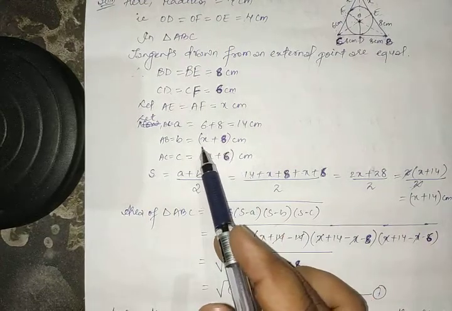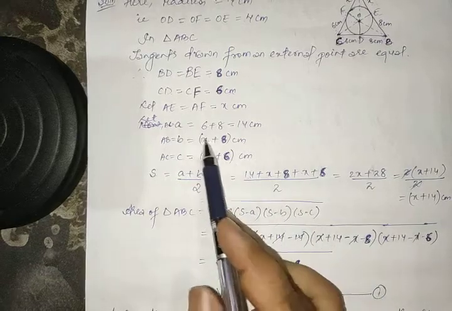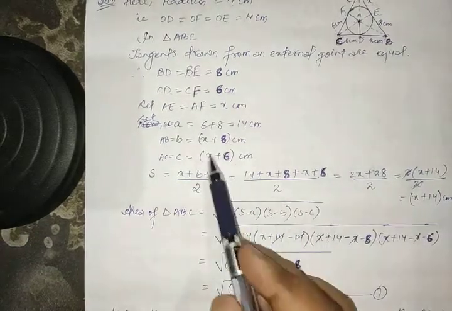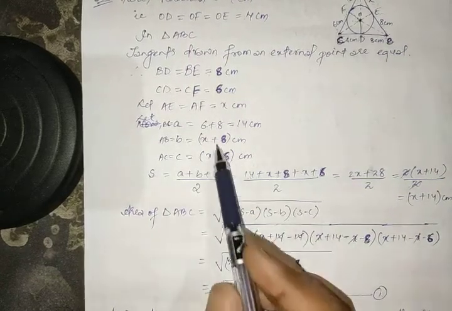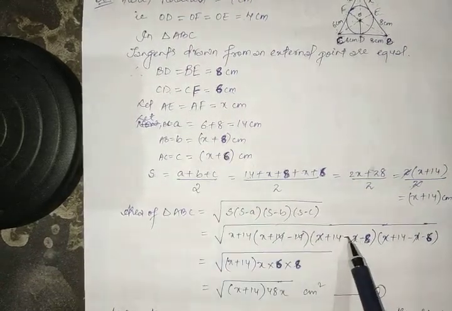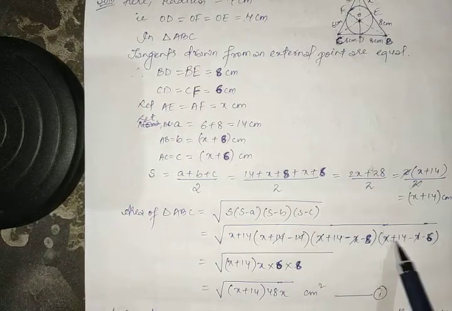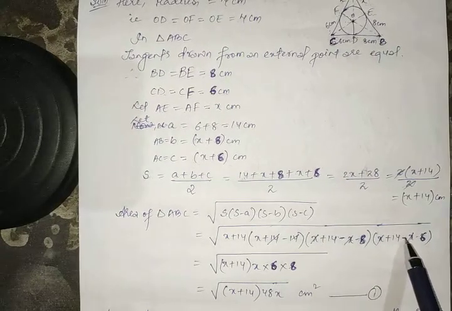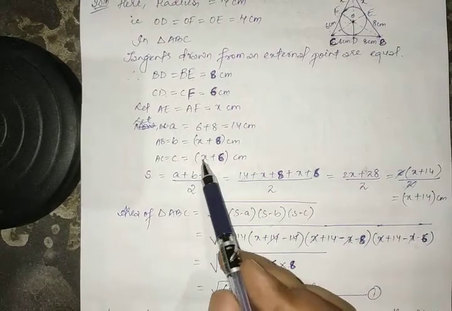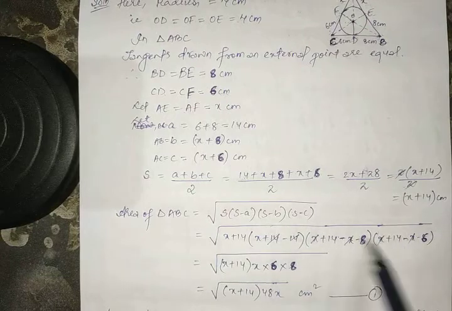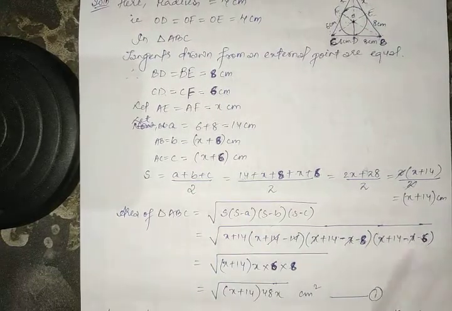So this minus and plus will become minus x, and then minus 8. Then s minus c. s is x plus 14 minus, and what is c? x plus 6. So this minus and plus will become minus x, and minus 6.